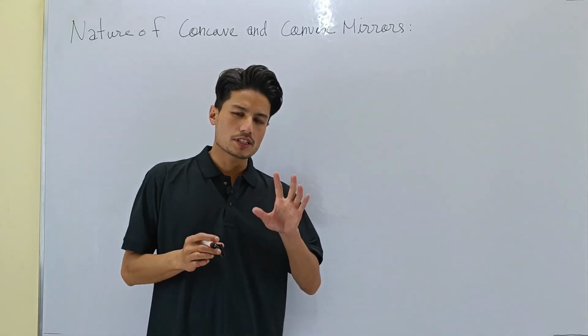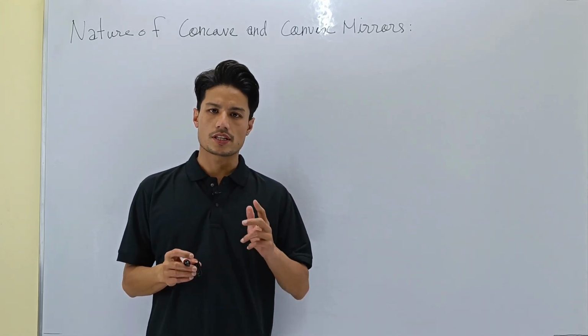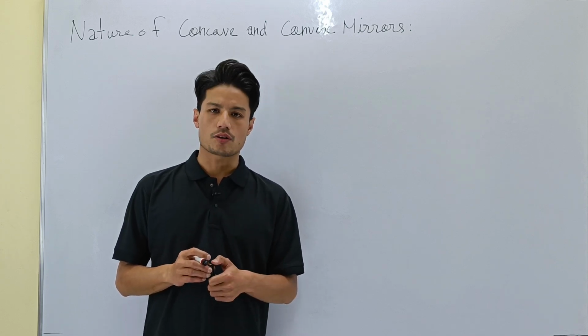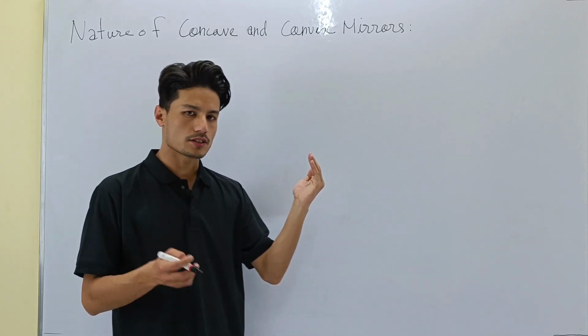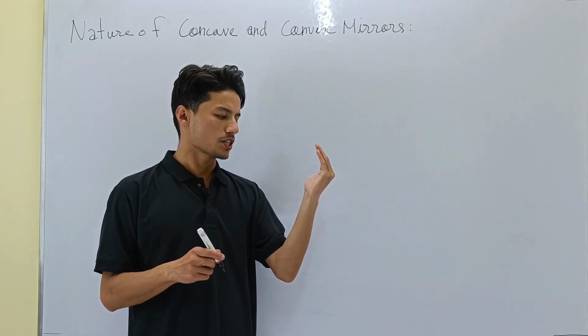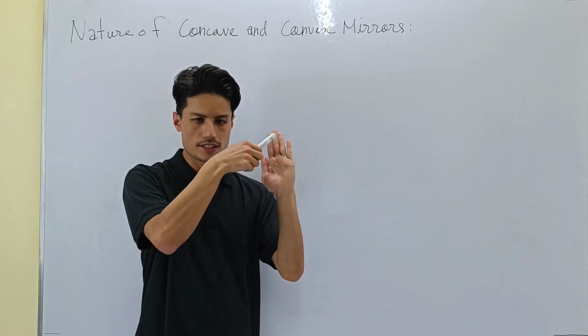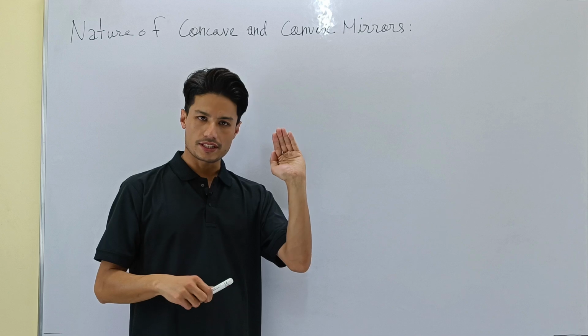Now both of these mirrors belong to the spherical mirrors. So there are two types of spherical mirrors. We have the concave and the convex. Yesterday, in the previous session, we discussed that this surface will be considered as the polished surface, the reflecting surface.